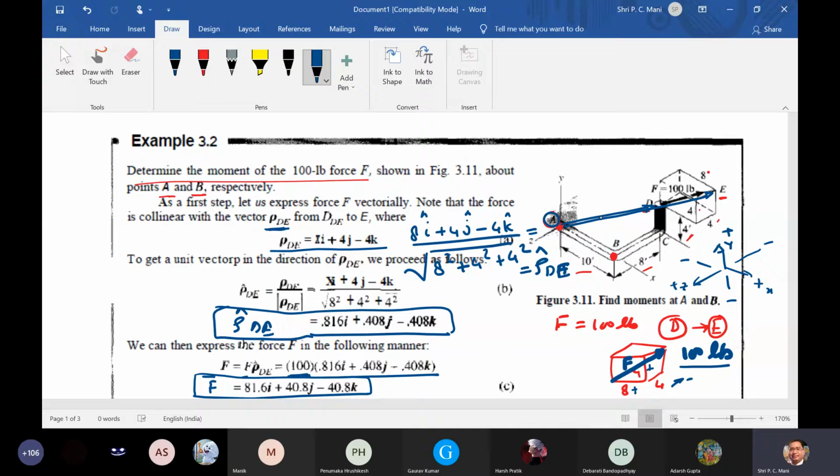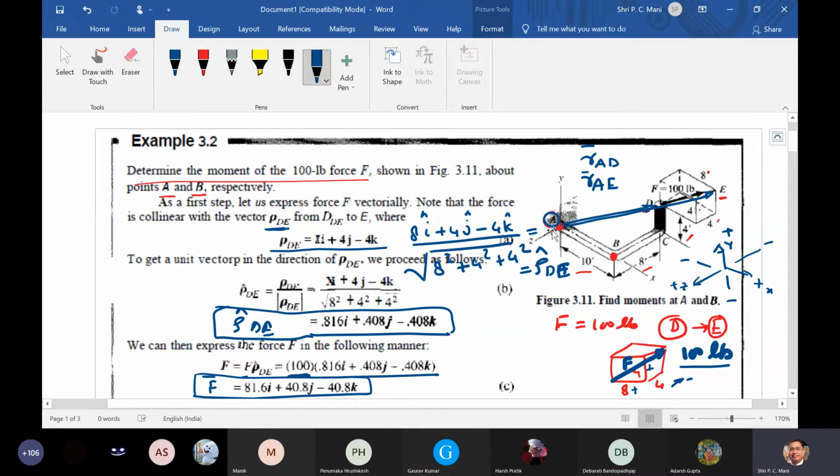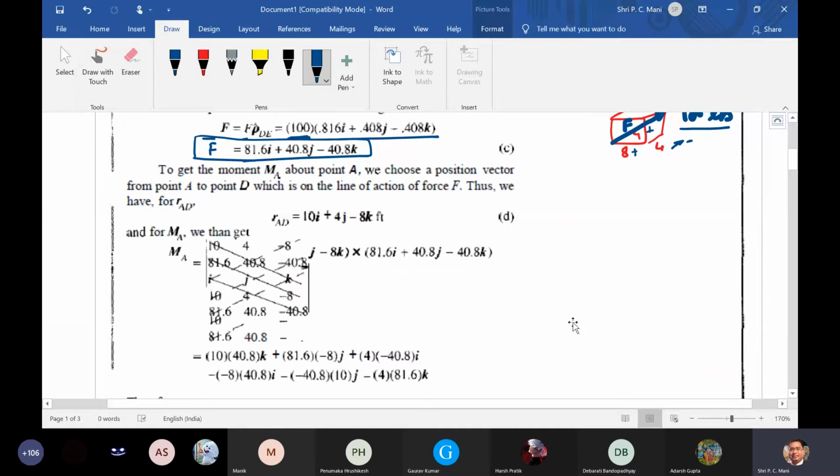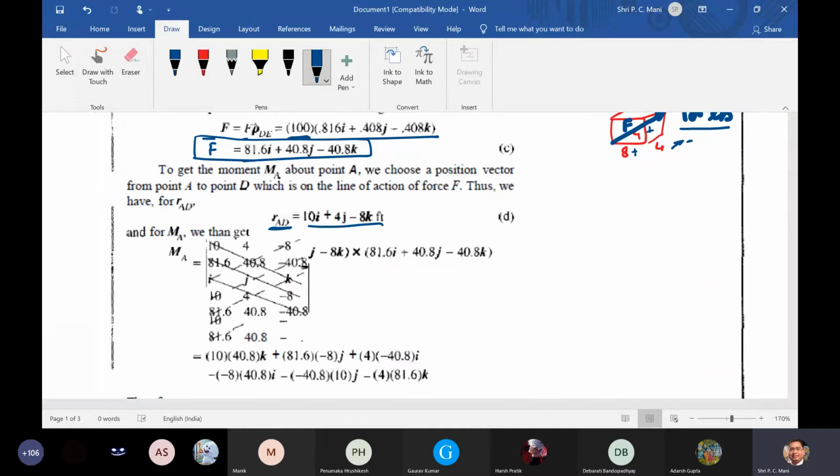Either you can take A to D or A to E. You can choose any point, either point D or point E. So you can take the vector r AD or r AE, written as a position vector with respect to point A. Here they have taken AD. You can also take r AE, which is also okay.